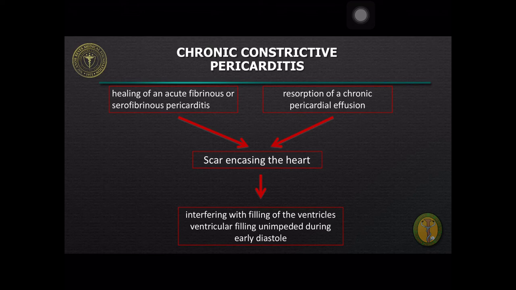These interfere with filling of the ventricles during mid to late diastole, but unimpeded during early diastole. The most common cause in developing nations is TB pericarditis. Other causes are mentioned earlier in the differential diagnosis of acute pericarditis.